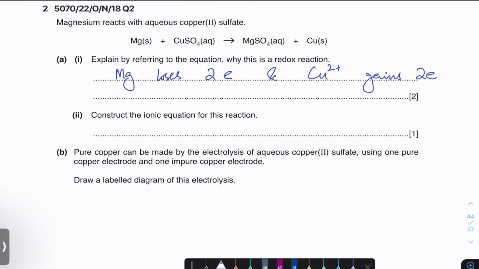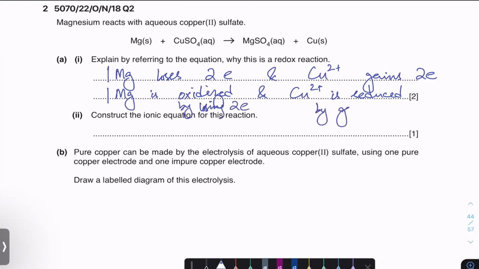If you don't write this, you can say that magnesium is oxidized and copper is reduced. And I would suggest that whenever you say this, you also write that magnesium is oxidized by losing electrons and copper is reduced by gaining 2 electrons.